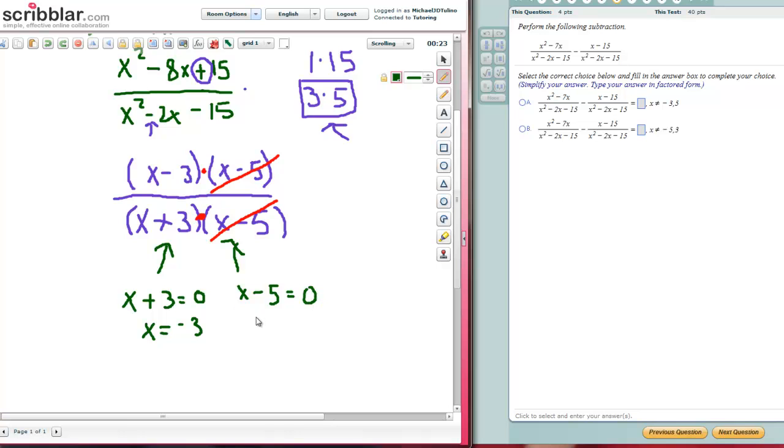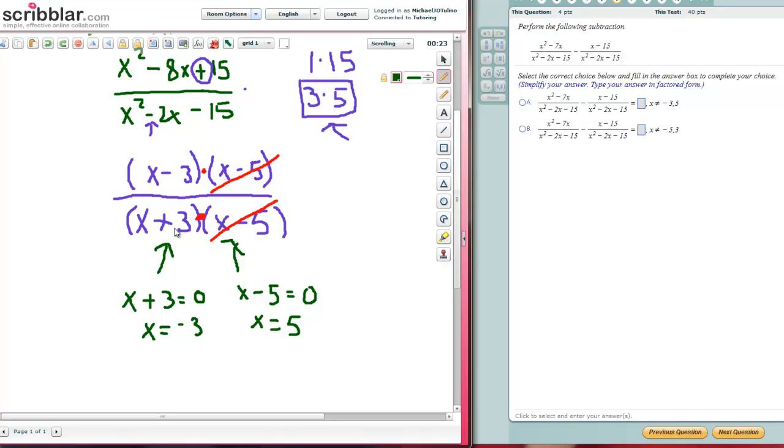And then you add 5 to each side to get x equals 5. And I know I solved that, but the thing is, what I was trying to find was what will make each of those parentheses 0. Because if you think about it, this x plus 3, if that parenthesis was 0, it doesn't matter what the other parenthesis is. It doesn't matter.